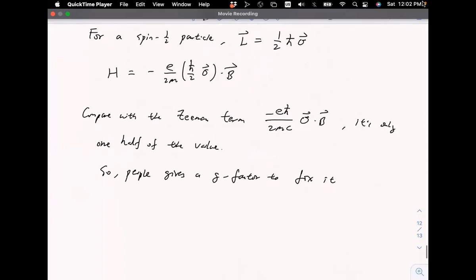The Hamiltonian will be negative G factor times the Bohr magneton, and then so on. You use the Bohr magneton, and G will be 2 for the electron. So that is how we get the G factor of 2. The G factor of 2 is a result of relativity.